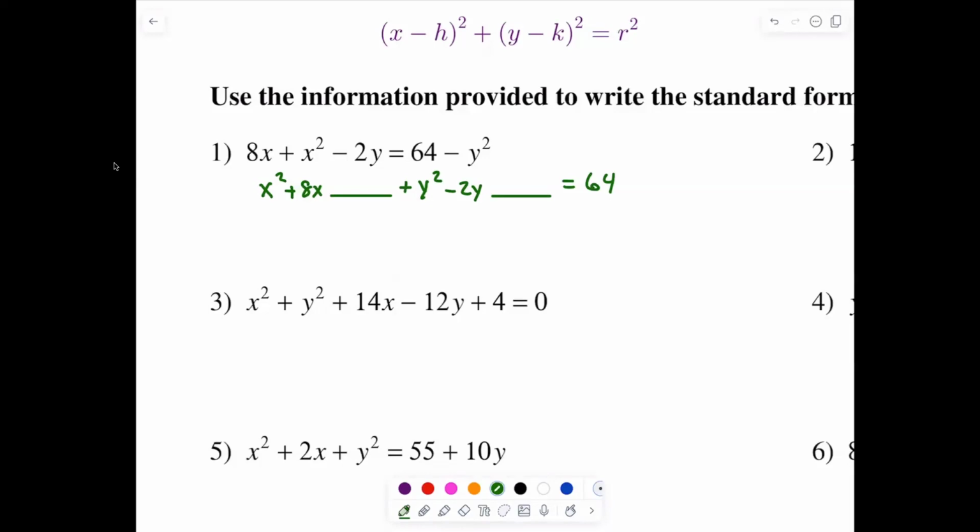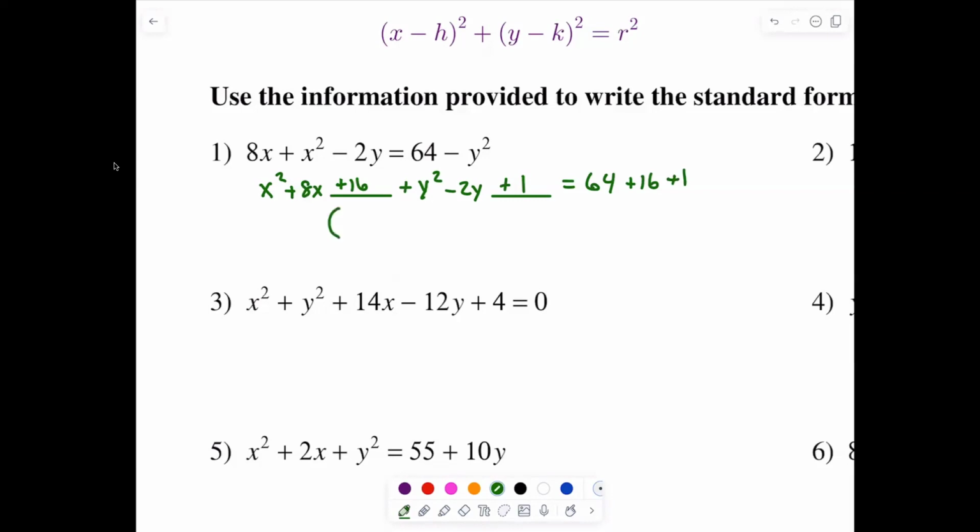All right, help me with completing the square. Plus what? Plus 16. And then what? Don't say minus 1. It's never going to be negative because you're squaring it. So this is plus 1.